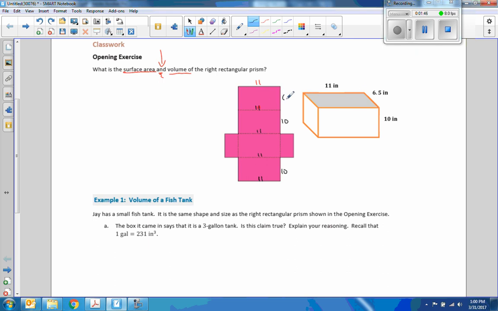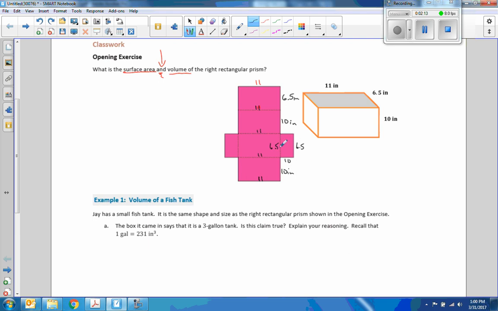So that's here. So this would be 6.5 inches. And I haven't been writing inches here, but you get the idea. And the bottom is also going to be 6.5 inches. And then finally, the height here is 10.